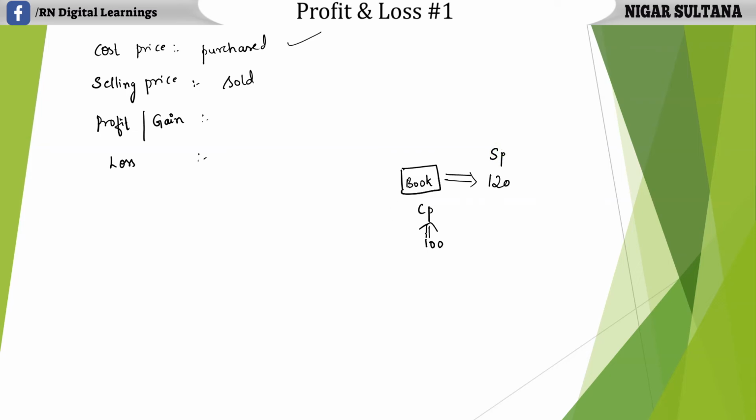I invested 100 rupees, and now I am selling the same book for 120 rupees, in the sense I will be getting 20 rupees extra. So I am getting some extra money, and that is nothing but your profit. So here the selling price is greater than the cost price. This concept is nothing but your profit.